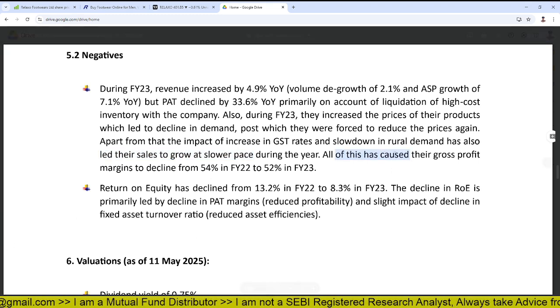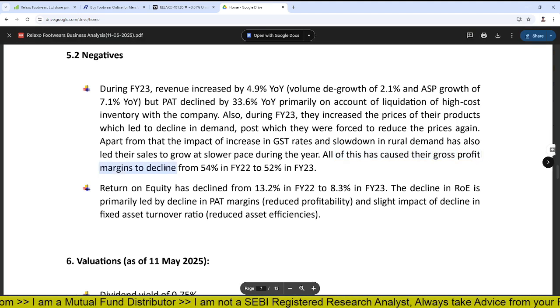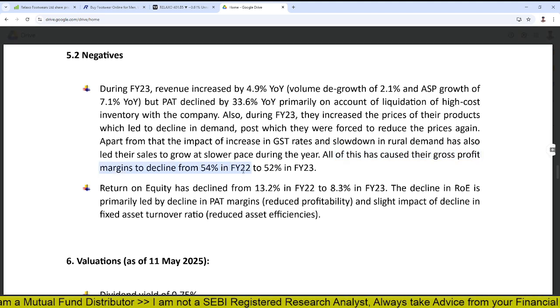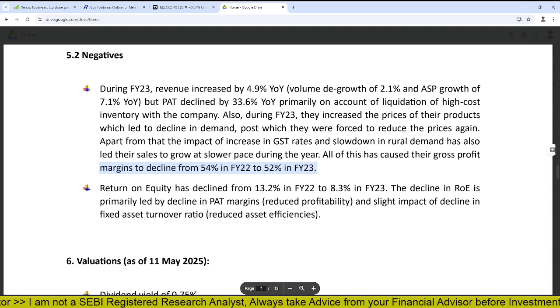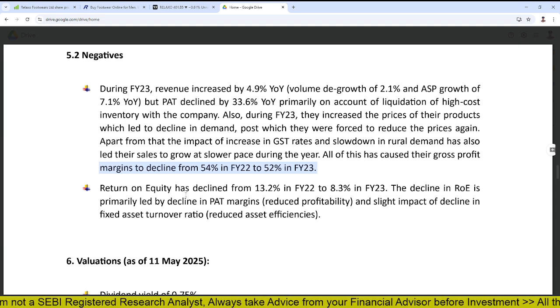All of these caused their gross profit margin to decline from 54% in FY22 to 52% in FY23. So again, the negative point is the company was trying to increase their product price, but it was not sustained. The product sales was down, that means sales down means profitability down, and also GST rate was increased, so margin was affected.